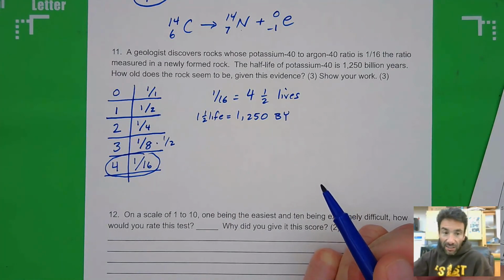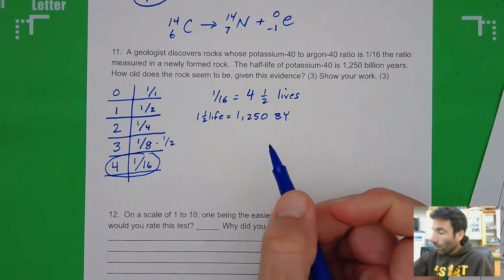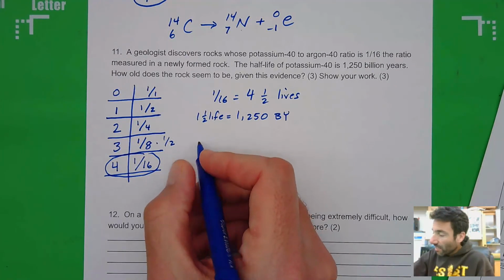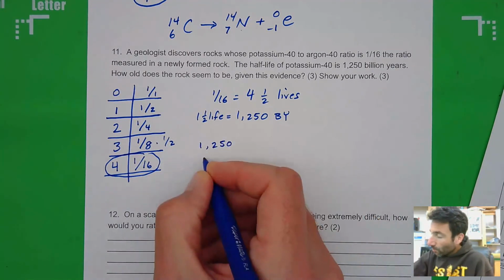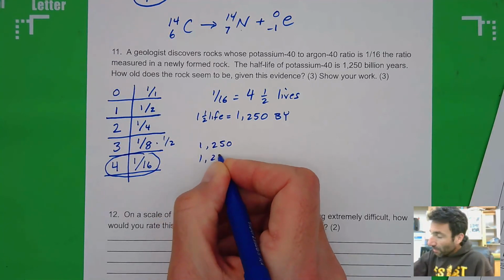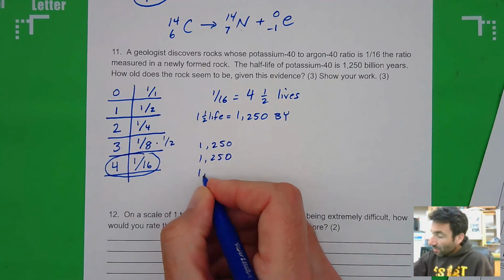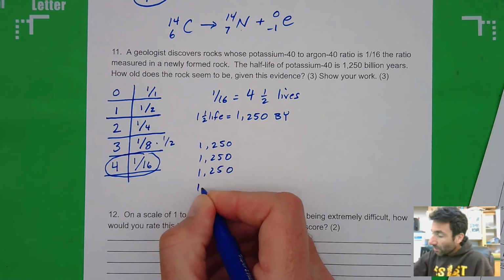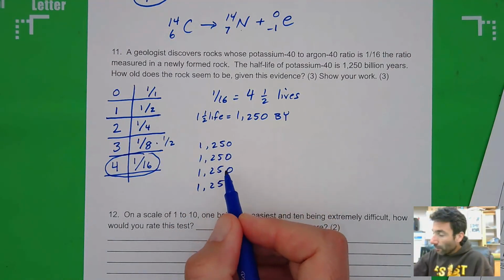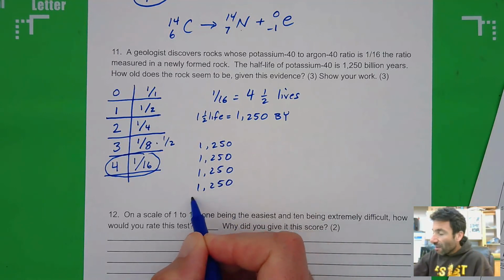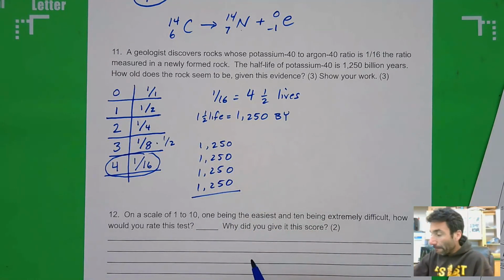How old is this rock? Well, I can look at that as 1,250 billion, 1,250, 1,250, 1,250, right? 1 half-life, 2 half-lives, 3 half-lives, 4 half-lives, and I could figure out the sum of that.